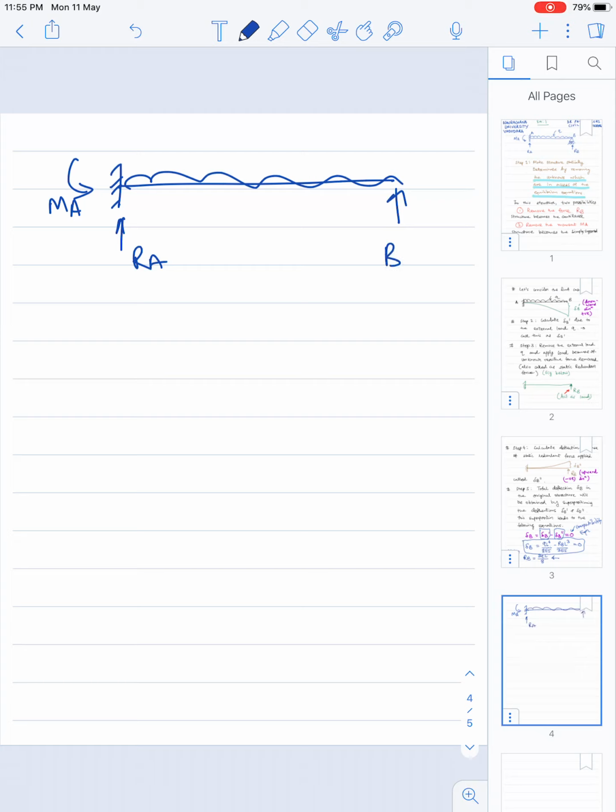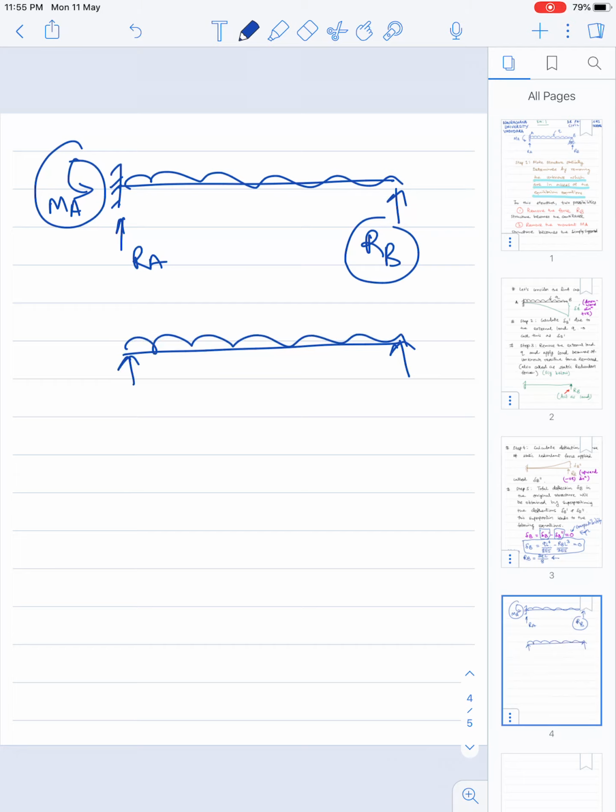As I have mentioned, there are two possibilities. One is you can remove this support, second you can remove the moment. So in this process we are getting simple supports. Under this external load, this beam will deflect as well as rotate at supports A and B. So here we are more concerned about moment MA.